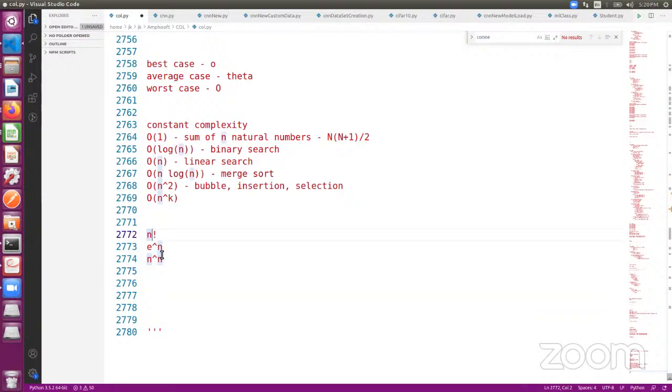So these are non-polynomial terms. If there's even a small increase in n, there will be a drastic change in these terms, right? If n is 5, n factorial is 120. If n is 6, it is 720. 10 factorial is a very huge number, right? Even with a small change in the value of n, the output is going to be very large. That's why these are all non-polynomial terms.